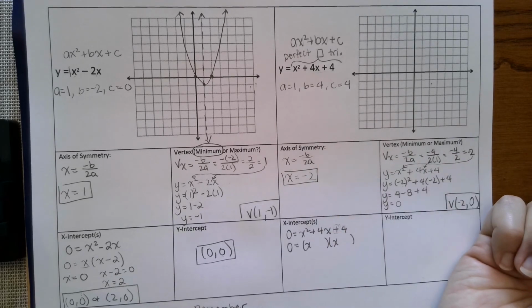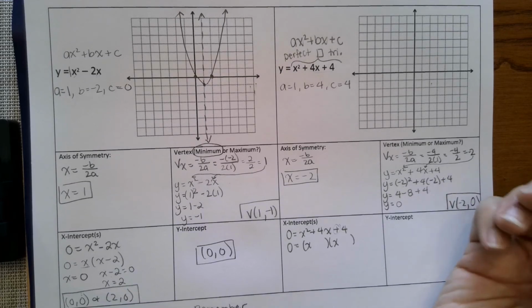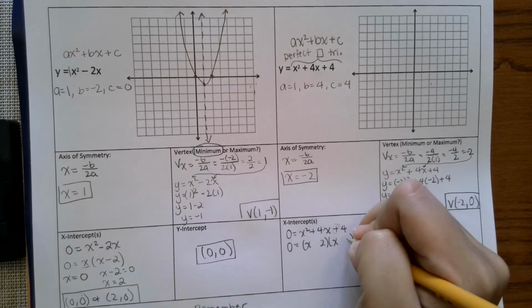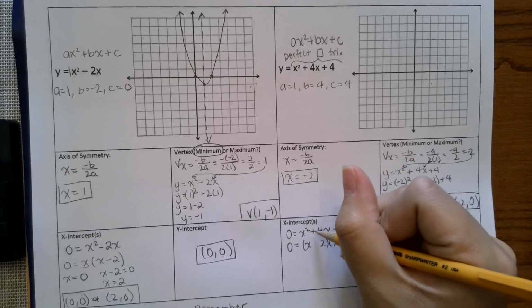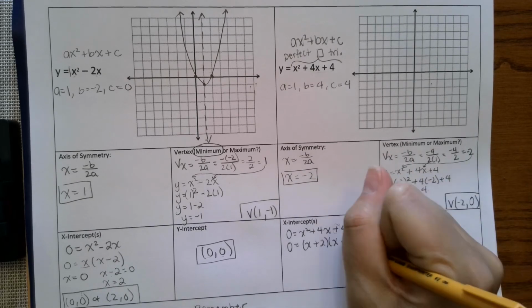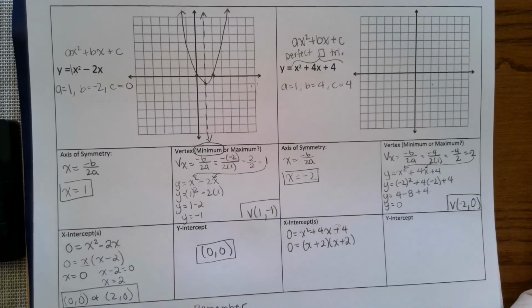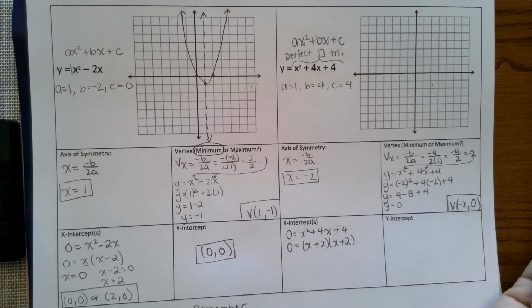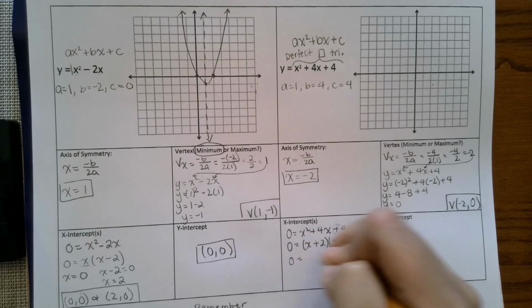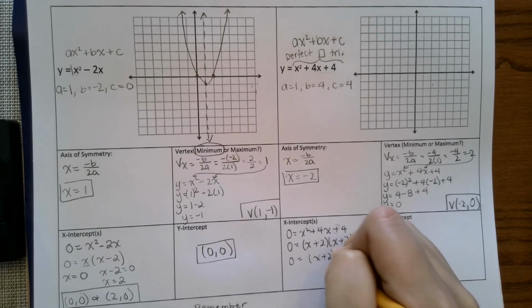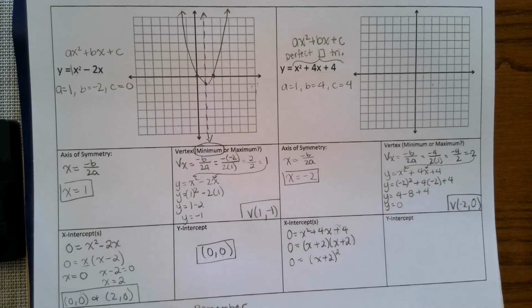So when I think of two numbers that multiply to give me 4 and add to give me 4, I'm thinking 2 and 2. In order for these two numbers to add to be positive 4, they both have to be a positive 2. So what's happening here is we end up getting the same exact binomial times itself, which I can rewrite as the quantity of x plus 2 squared.